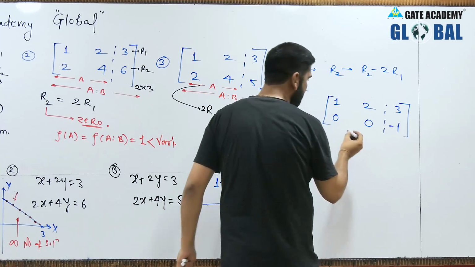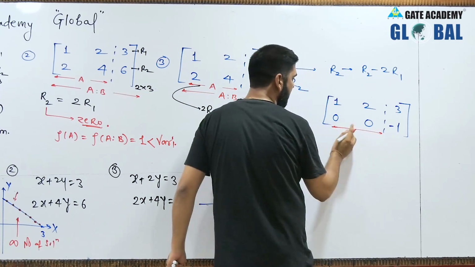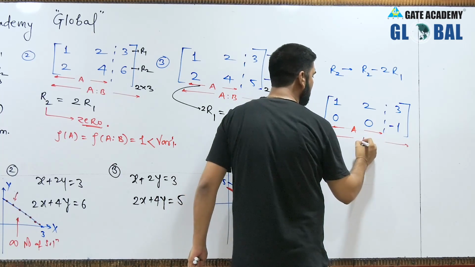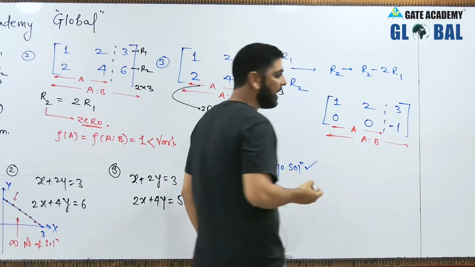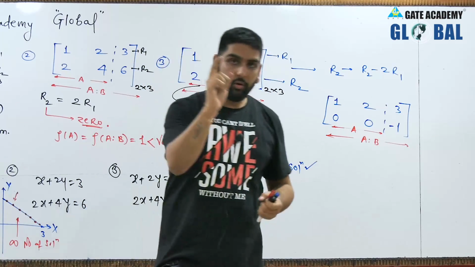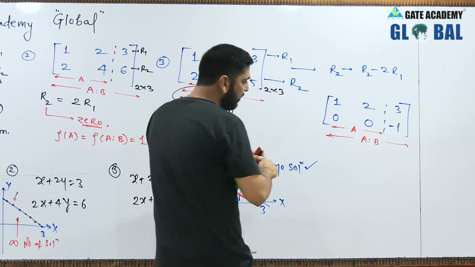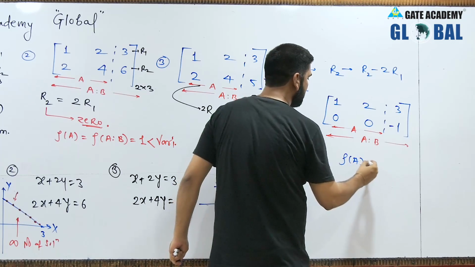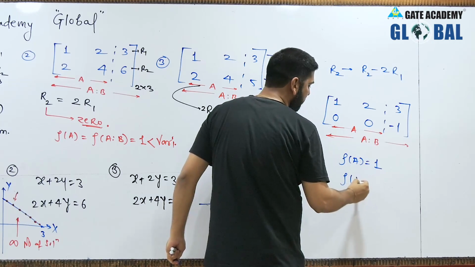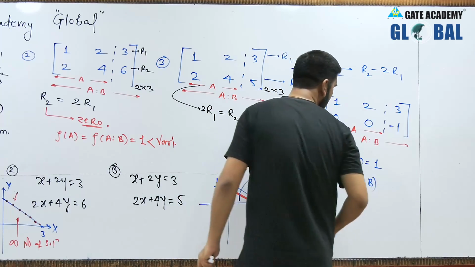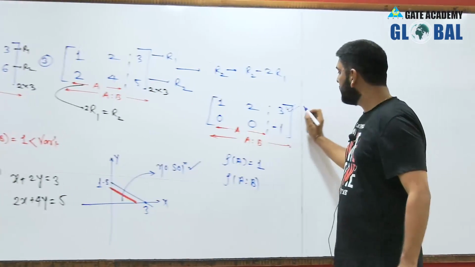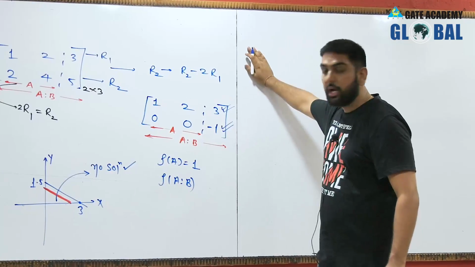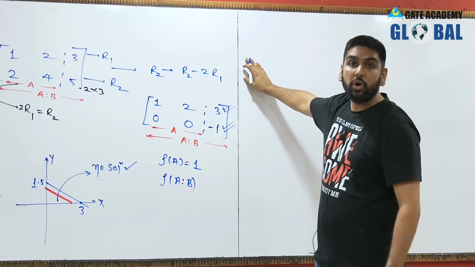So what is the conclusion of this story? Let's suppose we are having here matrix A and this is matrix B. Here we are having the rank of A. Please see here, the rank of A, we can count only this R1, then the rank of A is equal to 1. But the rank of AB, if I calculate it, this row R1 is again non-zero, and this is also a non-zero row.